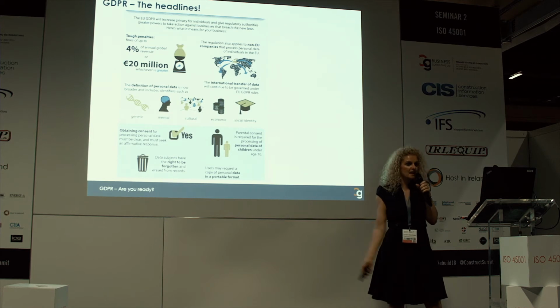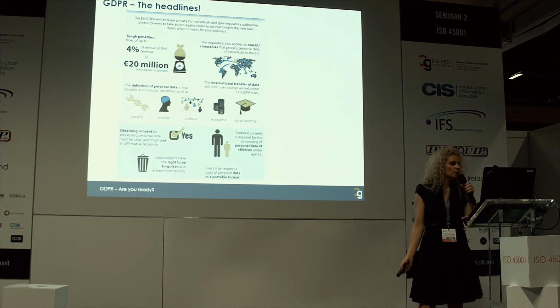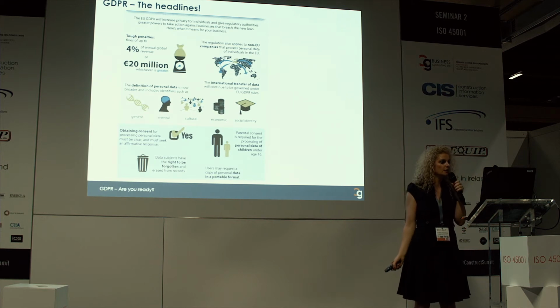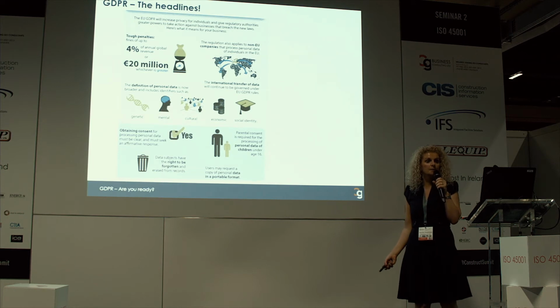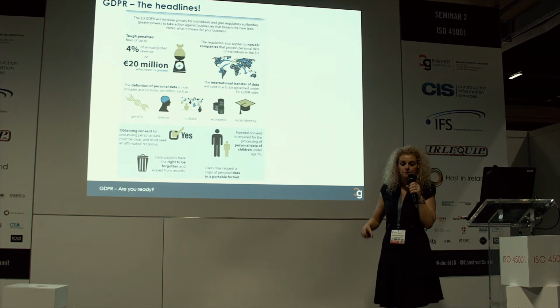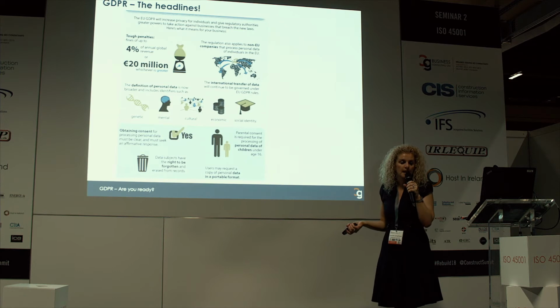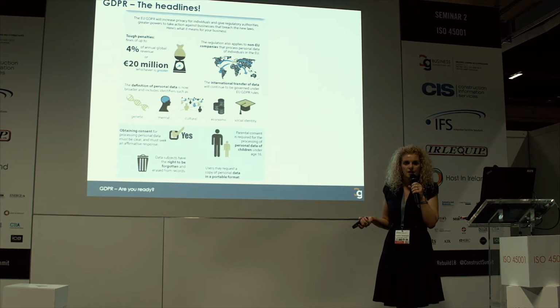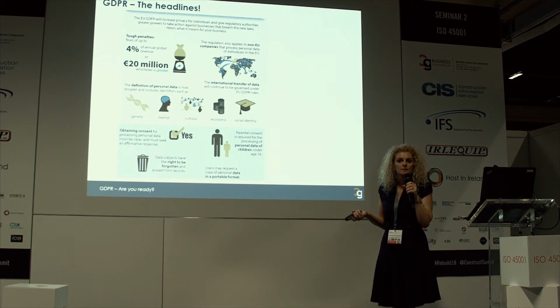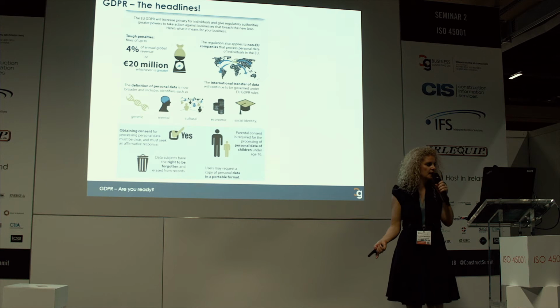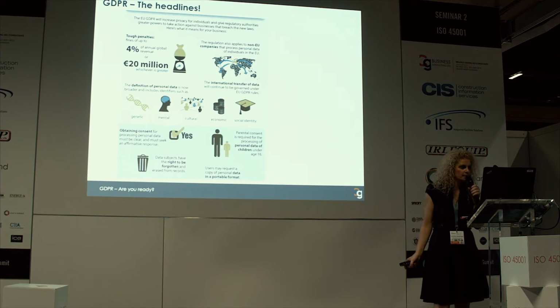This is a summary of the headlines. The big one is tough penalties: fines of up to 4% of annual global revenue or 20 million, whichever is greater, for a data breach. An example of a data breach would be the loss of a bank's 80,000 names and bank account details. If you've got a data breach, there'll be an investigation, but you need to report that data breach within 72 hours.